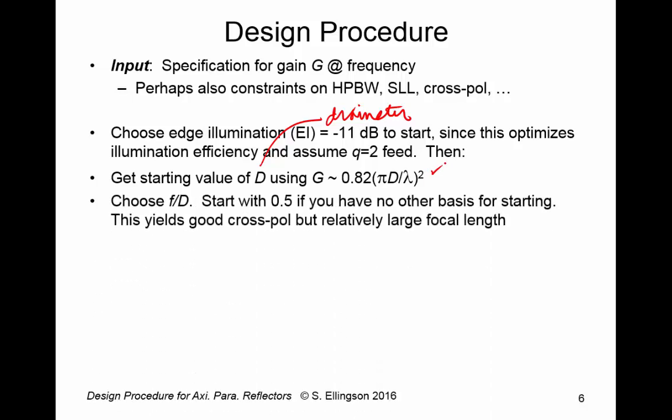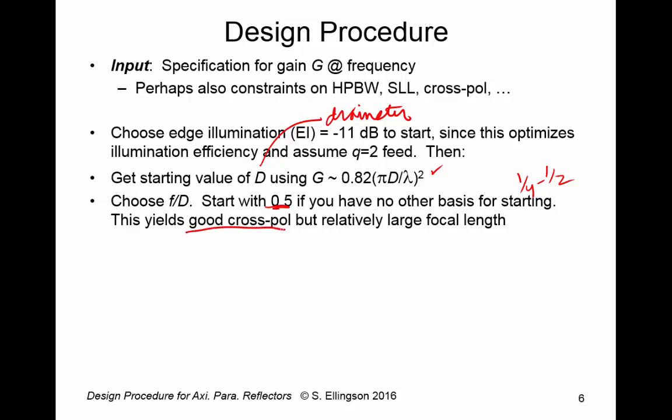Then choose f over d. Now we've chosen d, the diameter, so choosing f over d and choosing focal length are the same thing. I would start with f over d equals 0.5 if you have no other basis for starting. Remember, reasonable values of f over d go something like 1/4 to 1/2. So 1/2 is on the high side, but that yields pretty good cross pole.